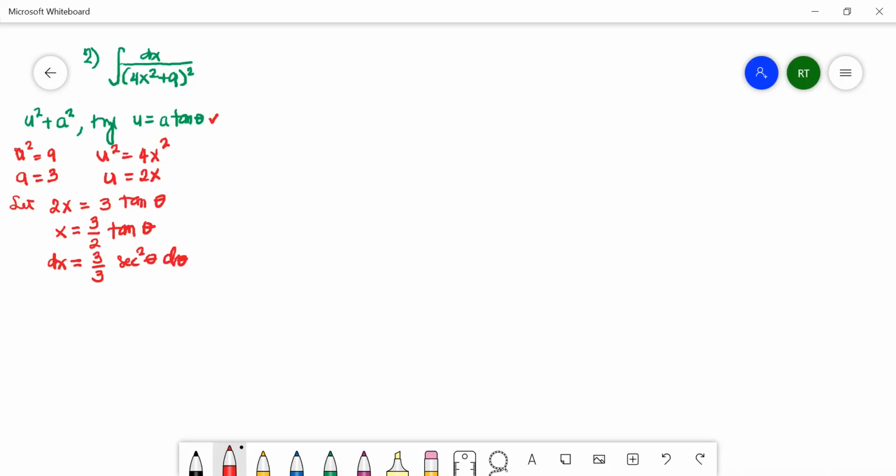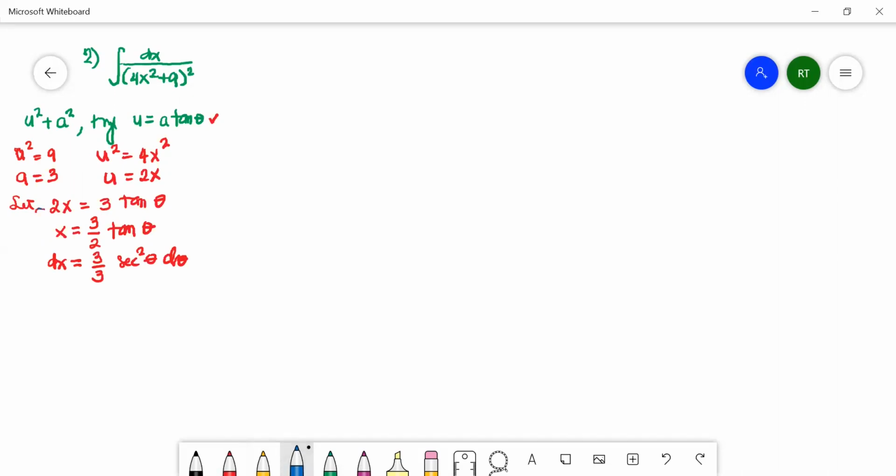Now if 2x is equal to 3 tangent of theta, we can also get the square of both sides of the equation.